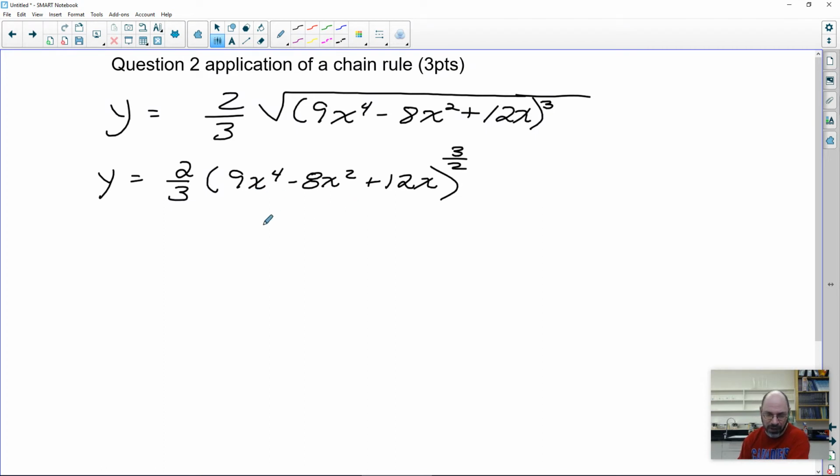Now you can just apply it and write it out, but if you want to use variables, we can say that u equals 9x to the 4th minus 8x squared plus 12x.